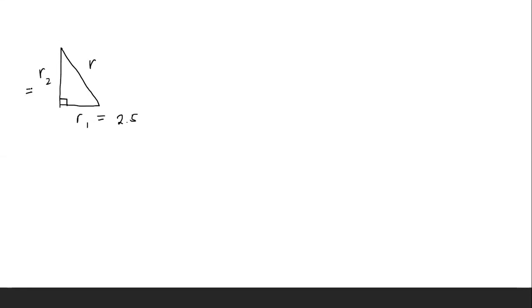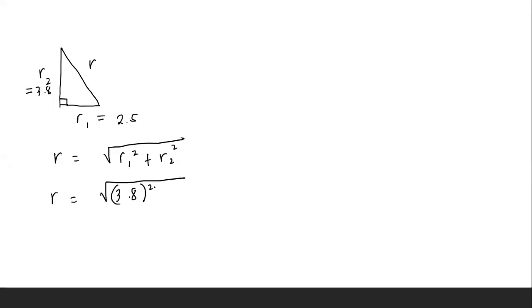This one is 3.8. Okay, under the Pythagorean, we have R is equal to square root R1 squared plus R2 squared. R is equal to square root of 3.8 squared plus 2.5 squared. Your R is equal to 4.55 centimeters.